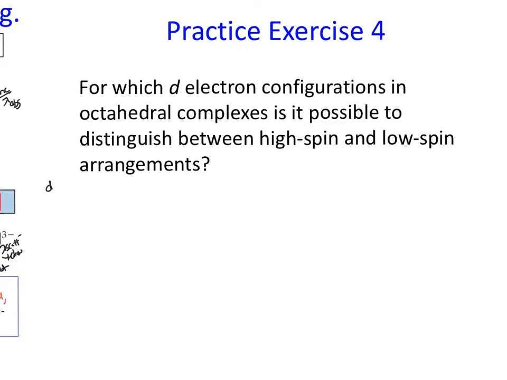If I have a D1 metal center, that means I have one d electron, and let's compare low spin to high spin. I know I'm going to have low spin, where electrons stay down low, if I have a large delta, and high spin if I have a small delta.